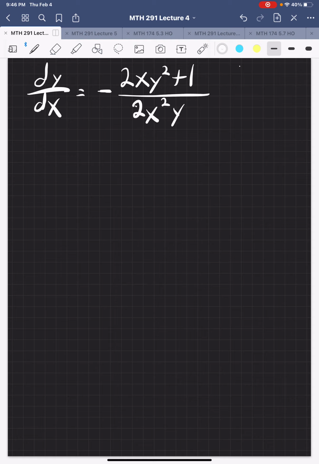And we want to solve the differential equation. Okay, so again, let's fast forward. Maybe you're thinking, is this separable? Is this linear? Is this exact?